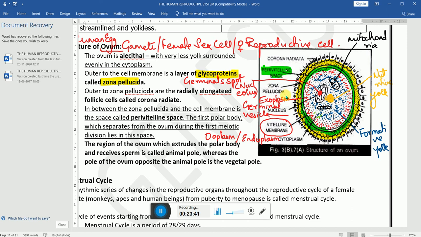Now students, we have elongated cells giving the appearance of radiance.